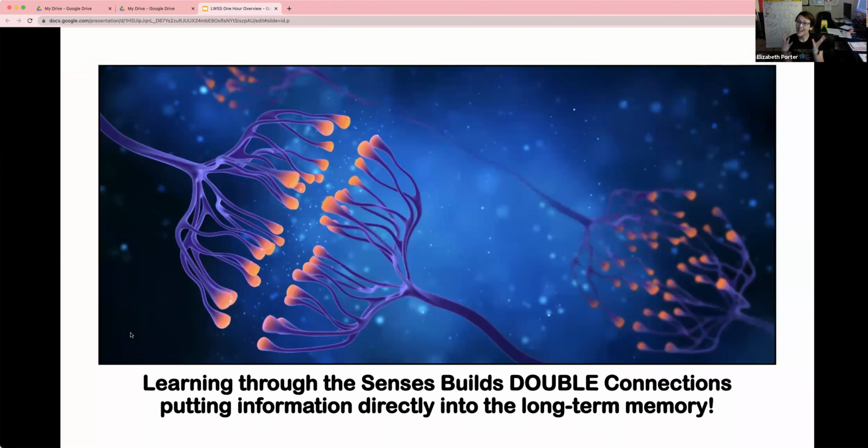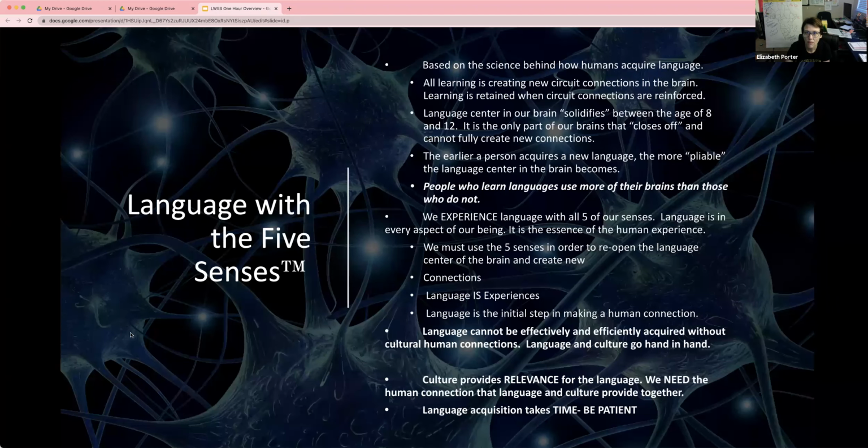So not only does learning through our senses help make the information pass through the reticular activating system into the amygdala and make it more comfortable for the amygdala to send the information to our cerebral cortex, it also creates double the connections, double the dendrites, double everything, and reinforces all of that information and puts it directly into the long-term memory.